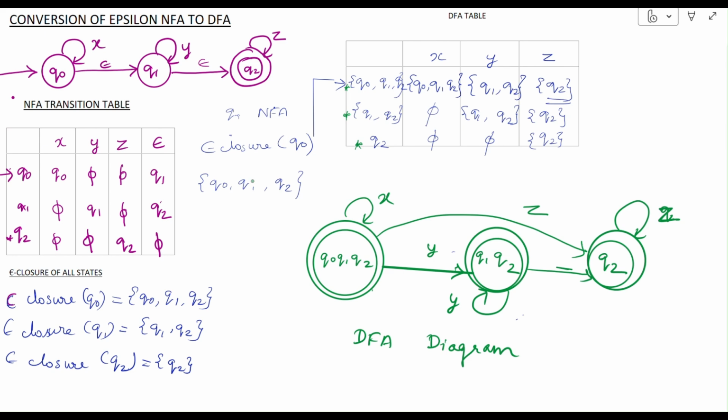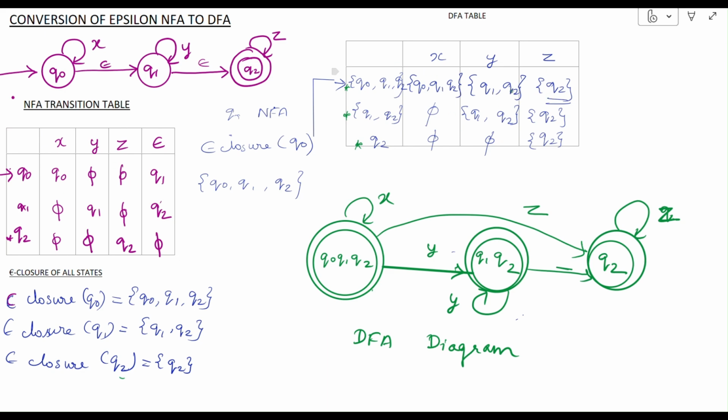I repeat: first identify the transition table and find the epsilon closure of all the states, and then find the transition of each and every state. The starting state will be the epsilon closure of the starting state of the NFA. Find the transitions either using the formula, or combine and then apply epsilon closure, and you can write it directly.